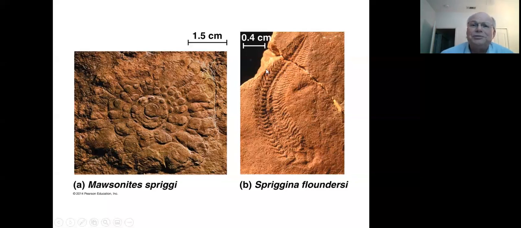It's quite small, as you can see. So it's probably around 2 to 3 centimeters in length. And it's probably an early bilateral. It may not be a vertebrate, because vertebrates don't emerge until much later in the scheme of things, but it is almost certainly a chordate because it's got this central support structure running down the center of it.